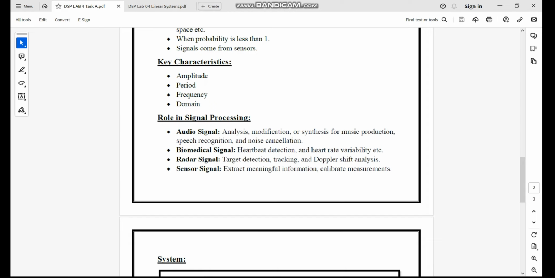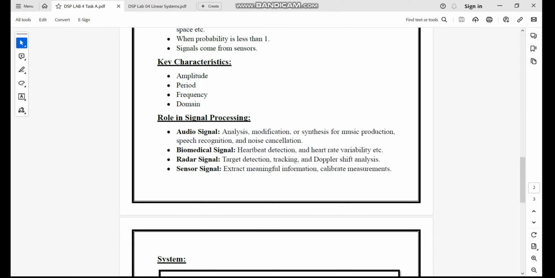Radar signal processing involves tasks like target detection, tracking, and Doppler shift analysis for applications in air traffic control and military surveillance. For sensor signal, it is a voltage or current variation from a temperature sensor in response to changes in temperature. Signals from sensors are processed to extract meaningful information, calibrate measurements, and compensate for environmental conditions.